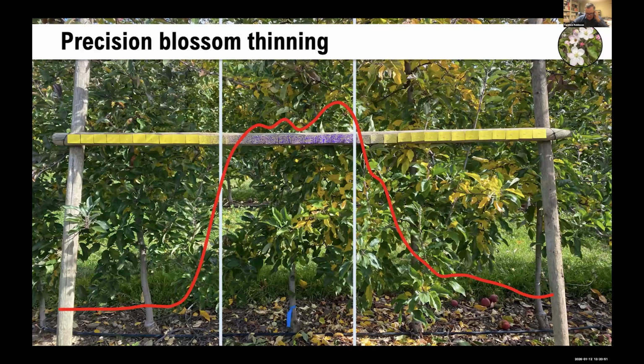We then worked with the companies and with Yu Jiang, who's an expert on GPS, to finally figure out how to hit the tree. And this is a successful test where we put up spray cards and programmed the sprayer to turn on and off for that tree, and then quantified how many dots were on the spray cards, which is the red line.